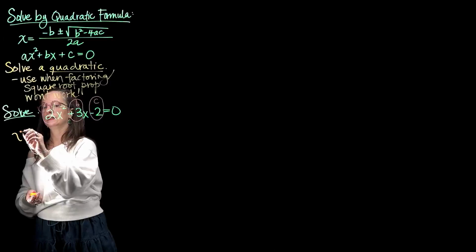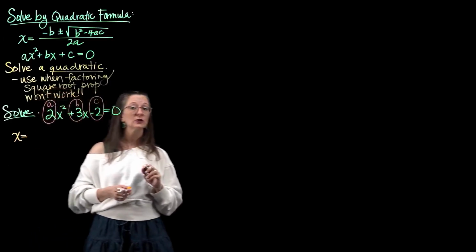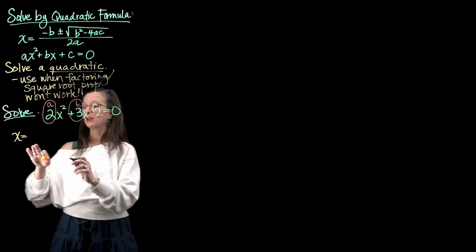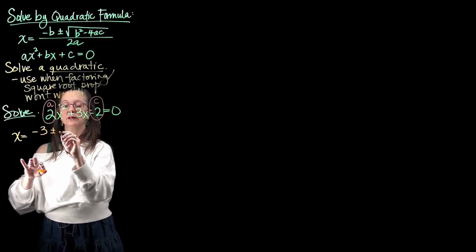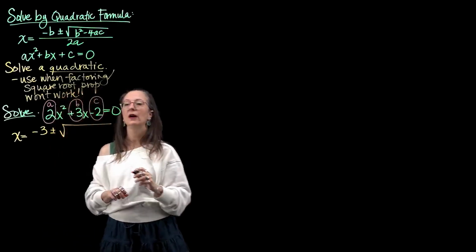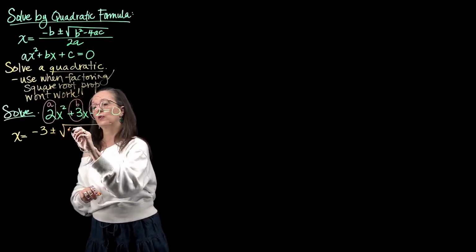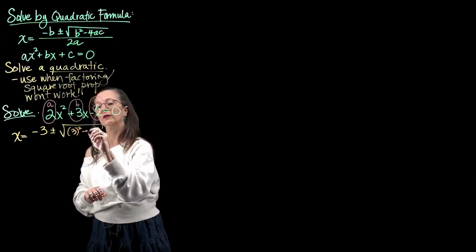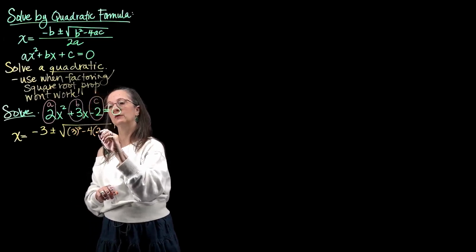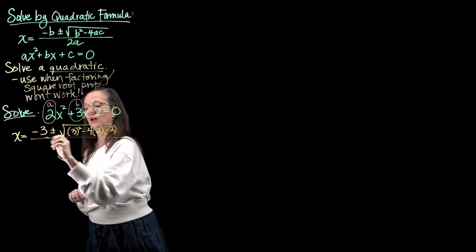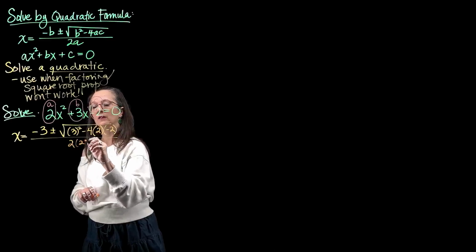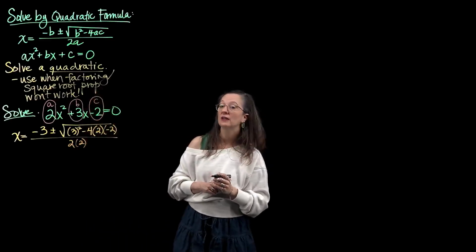So x is equal to, and that x equals to, that matters. So negative of b, negative 3 plus or minus the square root b squared. So 3 squared minus 4 times 2 times negative 2, all divided by 2 times a.